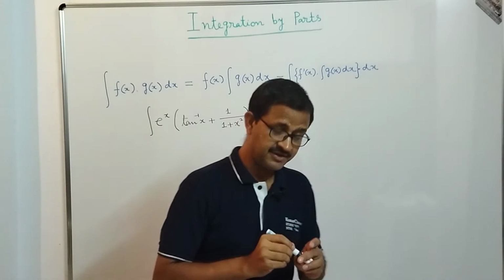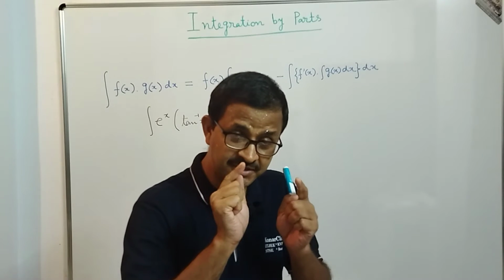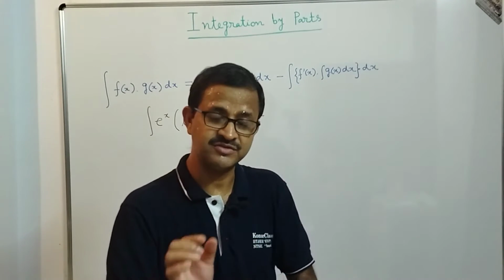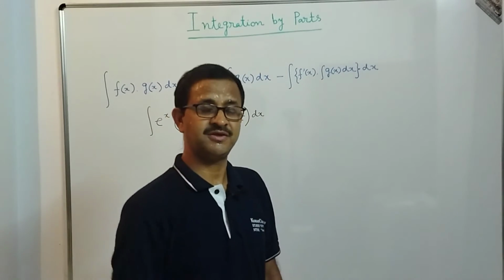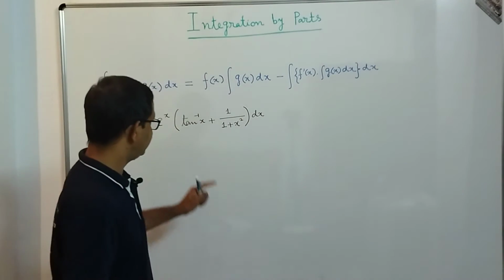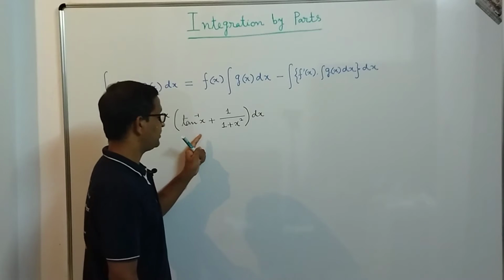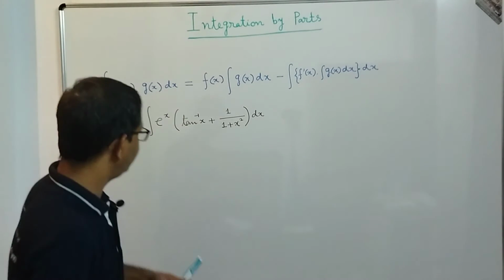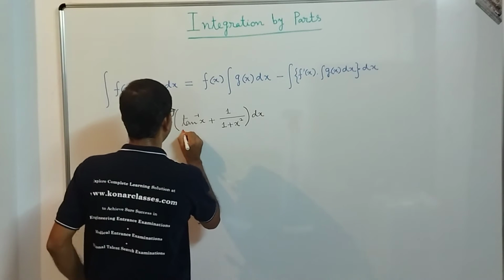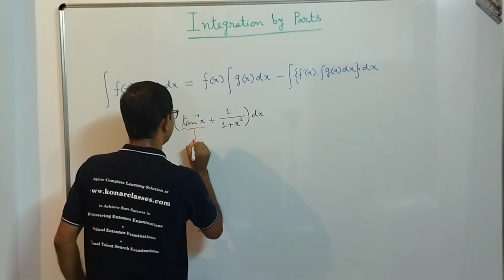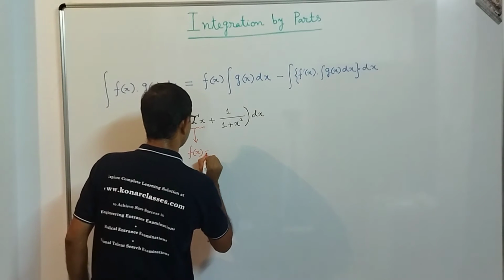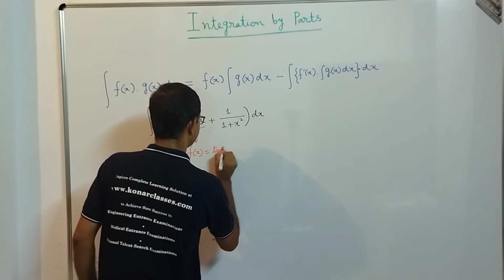Whenever you get a question something like that, e power x into an addition of two functions, always think about whether it is in the form of integration e power x into f x plus f dash x or not. Now dear students, if we consider this function tan inverse x as f x, then f x equals tan inverse x.